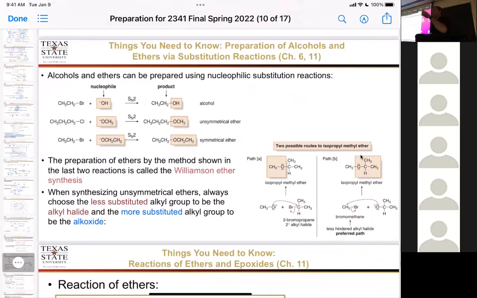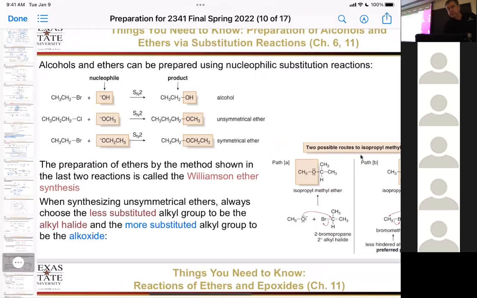Or in chapter 8, we found we could add water across a double bond with an acid catalyst, or we could do it a couple other ways with mercury or boron, right? And then in chapter 11, we learned that we can do the other reactions like the esterifications, etc. So let's review those things real quick.